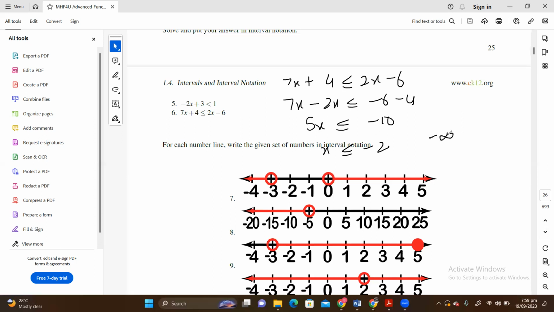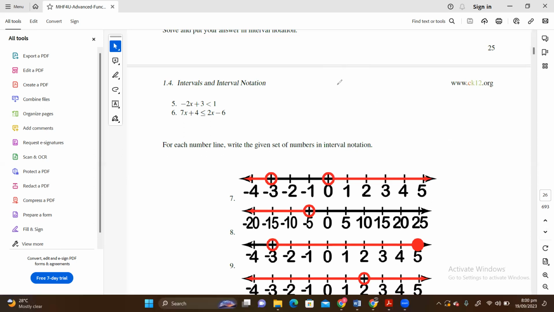So -2 included, and then positive infinity not included. Why did you write negative infinity? X was less than or equal to -2. For less than we will go for negative infinity. For greater than we will go for positive infinity.